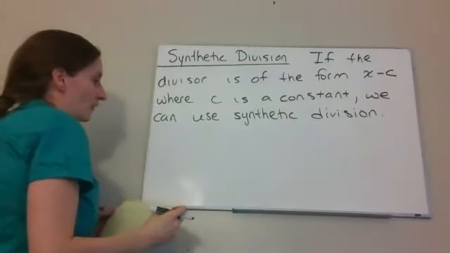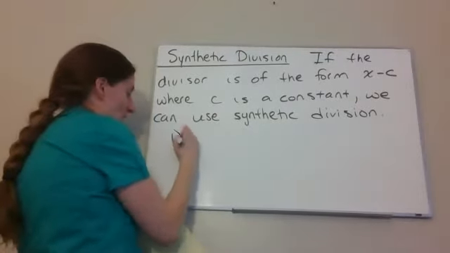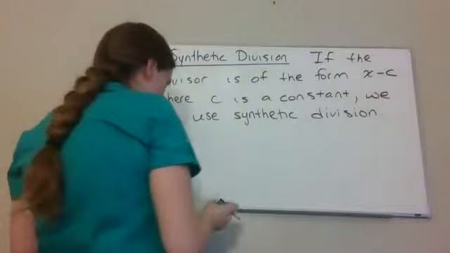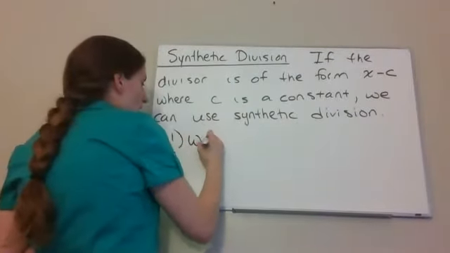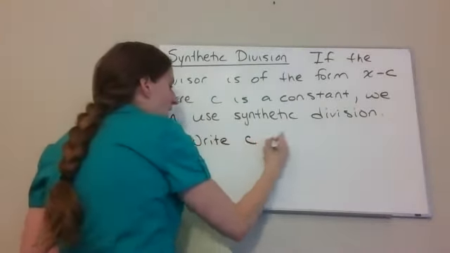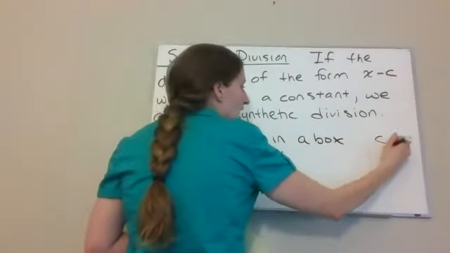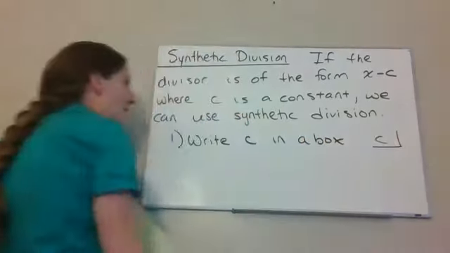The steps for synthetic division. It sounds a lot more complicated than it actually is. Step 1 is write your c in a box. And it looks like this, c with a little box like that.